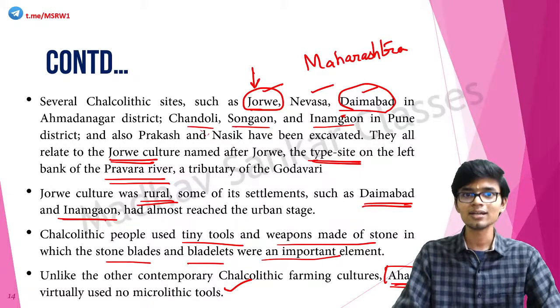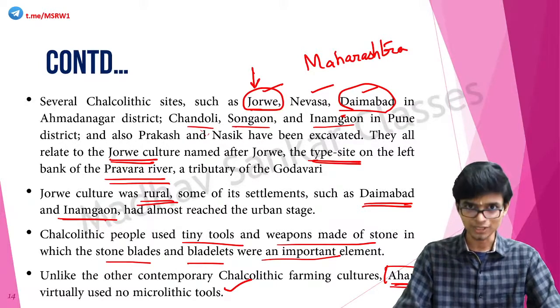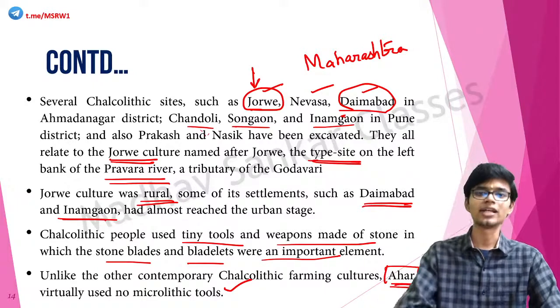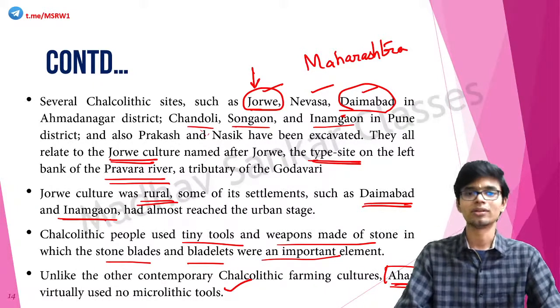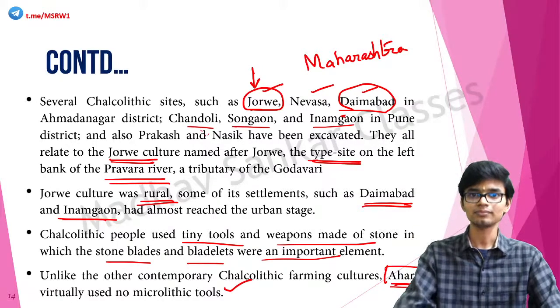Ahar in Rajasthan is a Chalcolithic site, but it has no evidence of microliths. Earlier, we saw another site in Jammu and Kashmir where we do not come across any microliths. I hope you remember. It's a bit confusing, but for now just listen to what I'm saying. Once I upload the PDF, go through it and read it once more, and then all these things will be very clear to you.